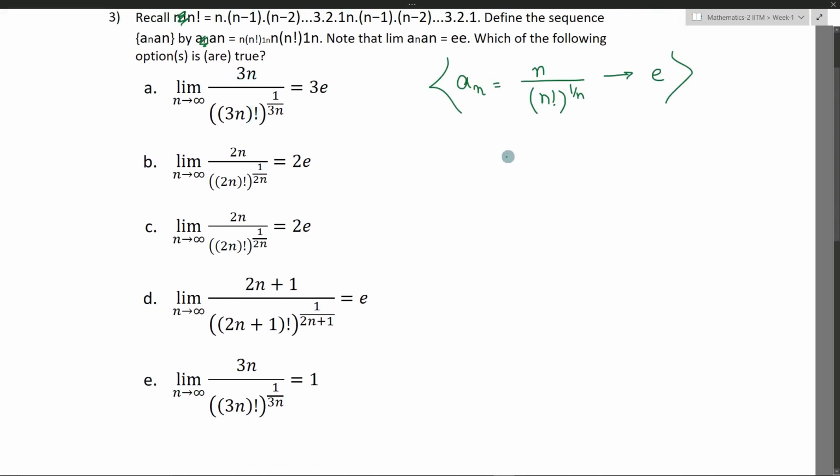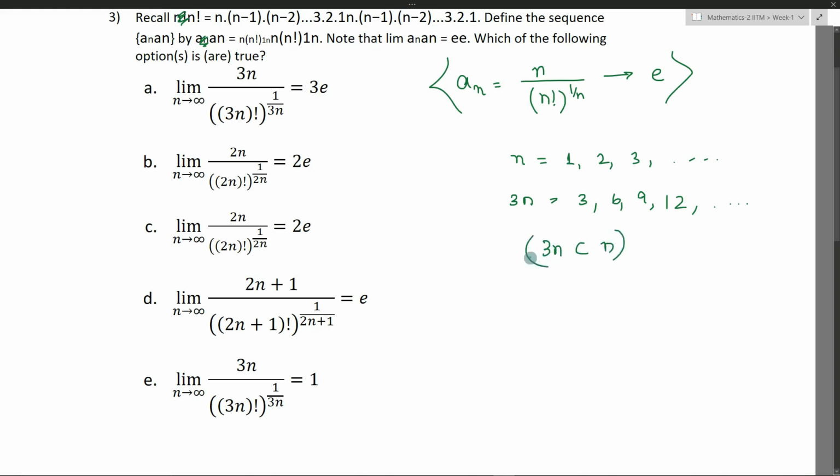What about n? n is 1, 2, 3, etc. So what about 3n? Is this a subset of n? Let's say if I substitute n as 1, 2, 3, etc., I'll have 3, 6, 9, 12, etc. So I can say that 3n is a subset of n.